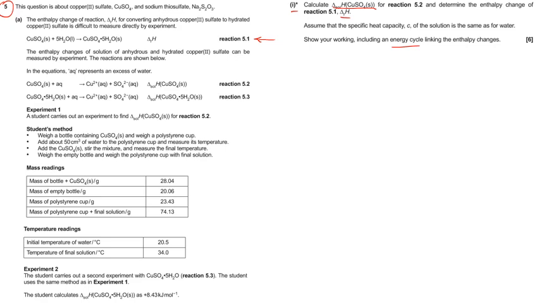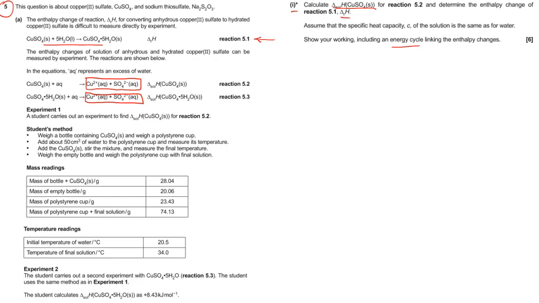Okay, 6 marks. So let's look at these reactions. We're getting aqueous copper sulfate here and aqueous copper sulfate here. So both the same thing. So they're going to be the bottom of your Hess's law triangle. And this reaction here is going to be the top of your Hess's law triangle.